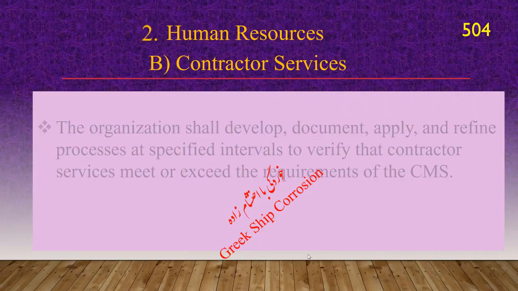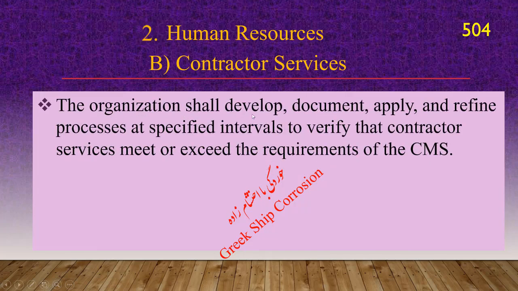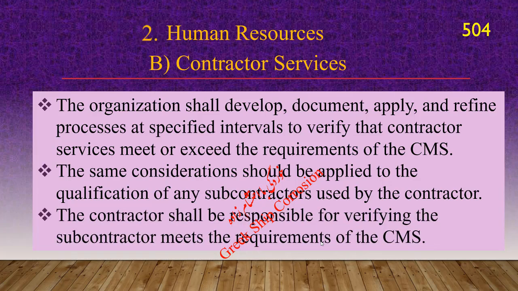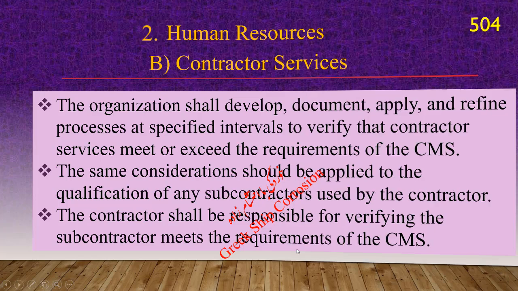B. Contractor services. The organization shall develop, document, apply, and refine processes at specified intervals to verify that contractor services meet or exceed the requirements of the CMS. The same considerations should be applied to the qualification of any subcontractors used by the contractor. The contractor shall be responsible for verifying the subcontractor meets the requirements of the CMS.